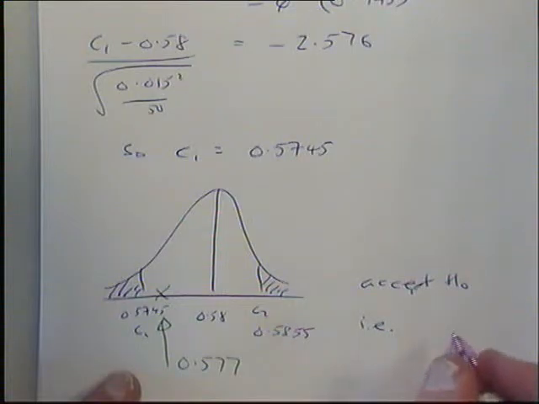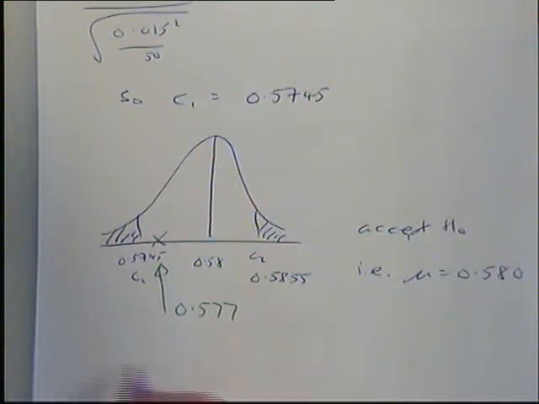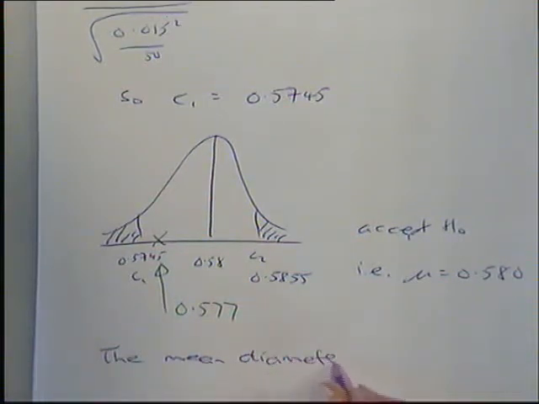And H0 we wrote down as mu was equal to 0.580, and we need to end the answer with a sentence, so we would conclude that the mean diameter has not changed.